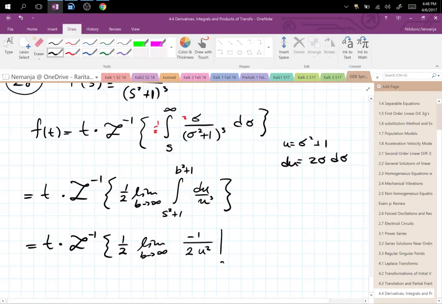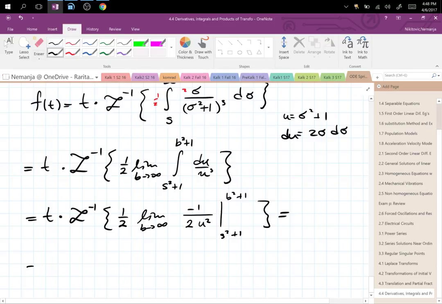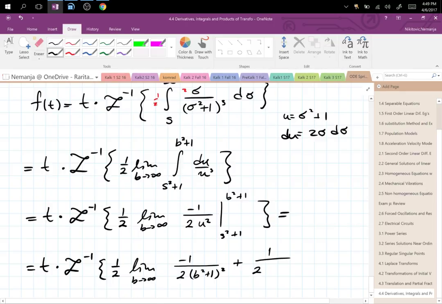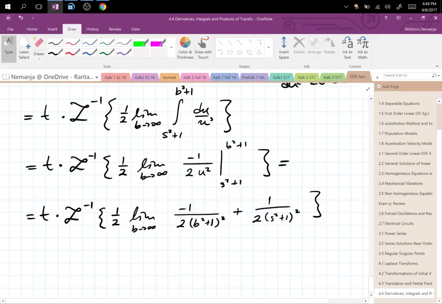Just walk away. s squared plus 1, b squared plus 1, times inverse Laplace of 1/2 limit b goes to infinity, and I have -1 over 2 times u squared, so that's gonna be b squared plus 1 squared, minus and minus will give me plus 1 over 2 s squared plus 1 squared, equals t times inverse Laplace of 1/2.